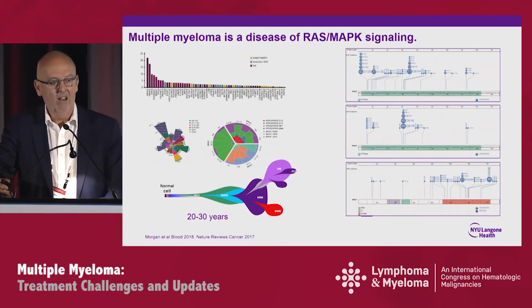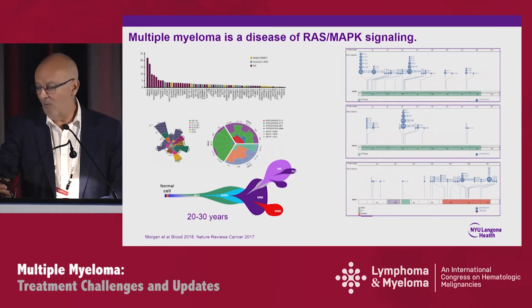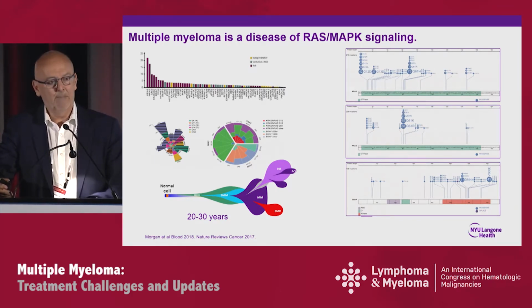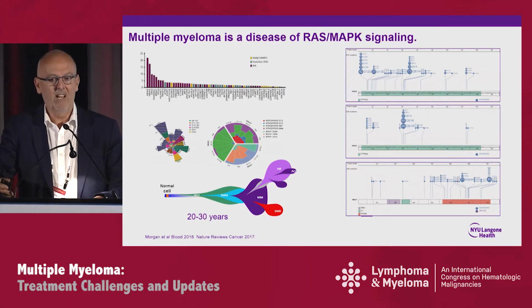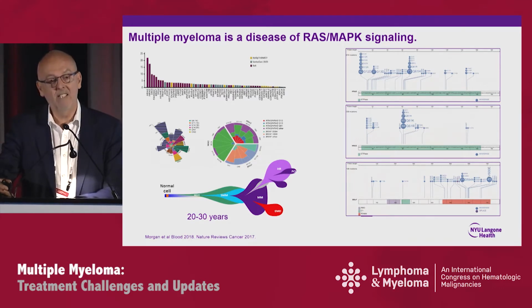But really, myeloma is a disease of the RAS-MAP kinase pathway. The spectrum of mutations in those genes varies dependent upon the molecular subgroup. And the right panel shows the larger the circle, the more frequent that mutation. And so there are conserved activating mutations in myeloma that are present across all malignancies.